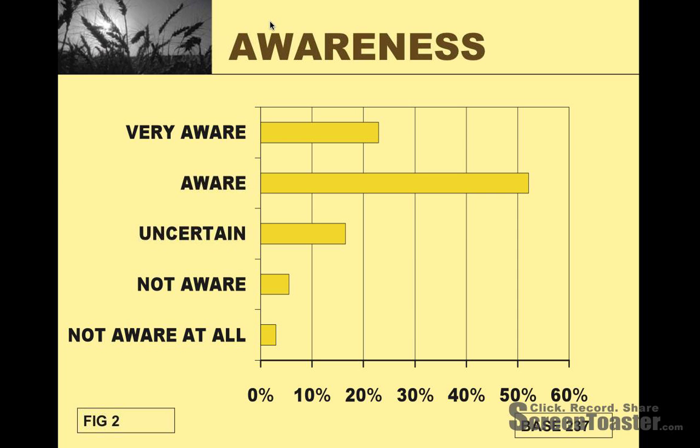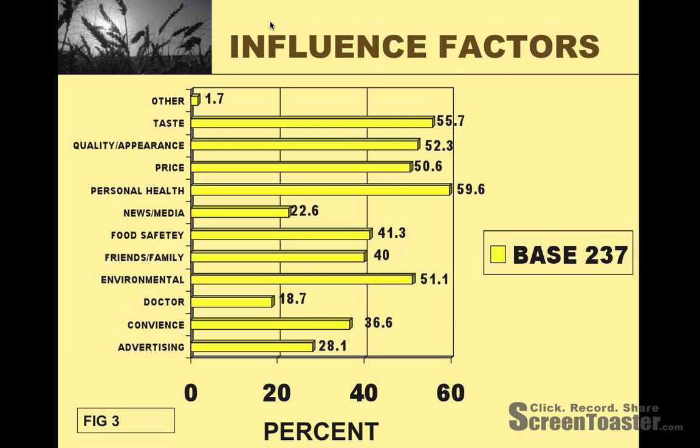In our research, we found out that more respondents were aware and very aware as opposed to uncertain, not aware, and not aware at all. Influence factors. We found out that taste, quality and appearance, price, personal health, and environmental were the most influential factors.